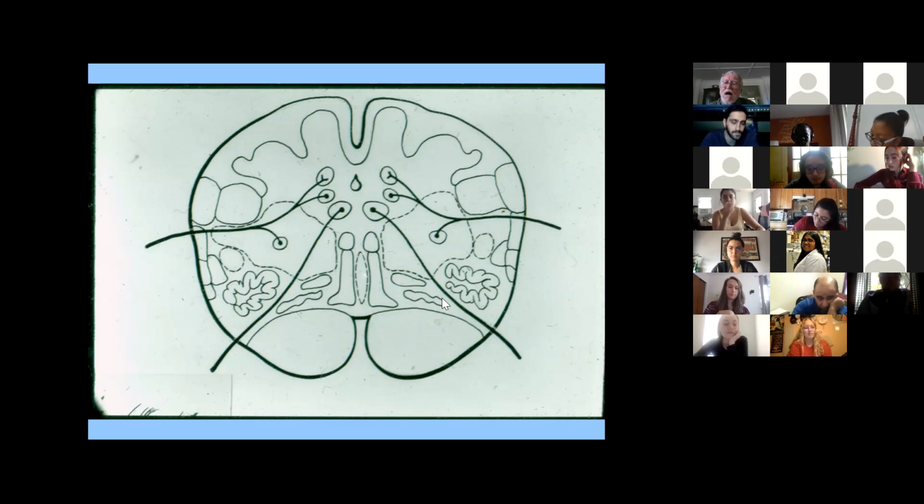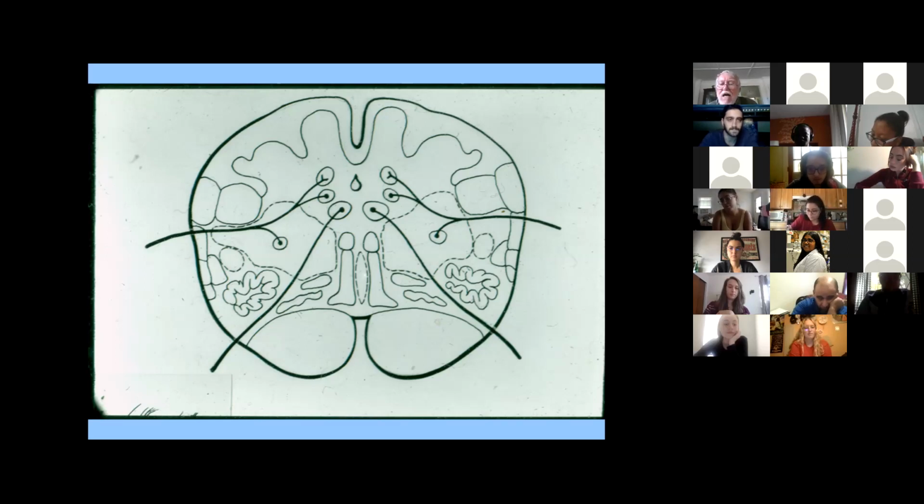Now, the principal nucleus has what you basically call a horseshoe type of shape.